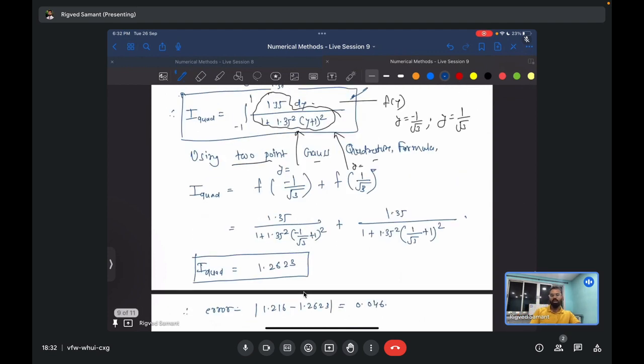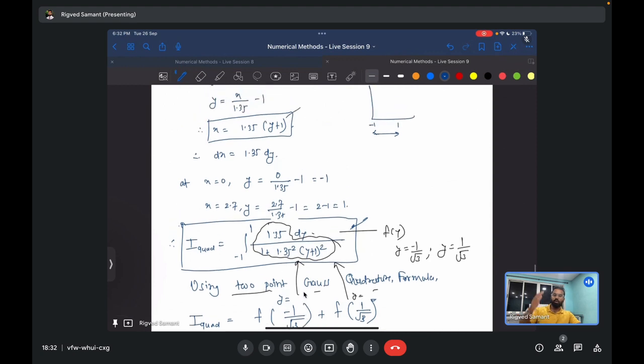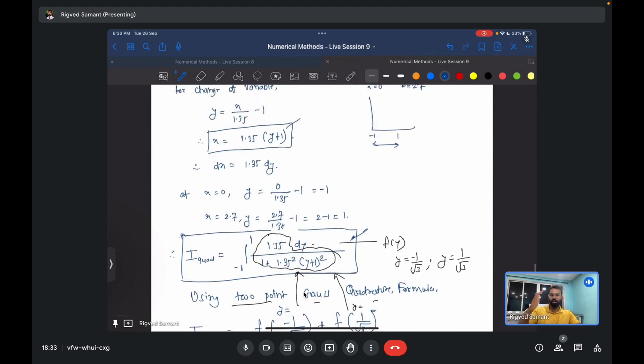So this is also one way. We started with three methods that were derived from Newton-Cotes: the Trapezoidal Rule, Simpson's 1/3 Rule, and Simpson's 3/8 Rule.